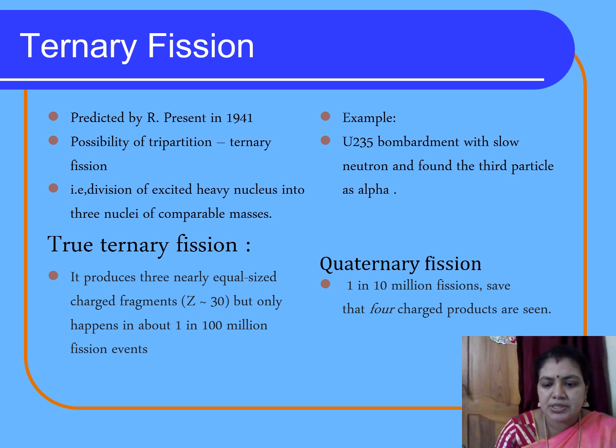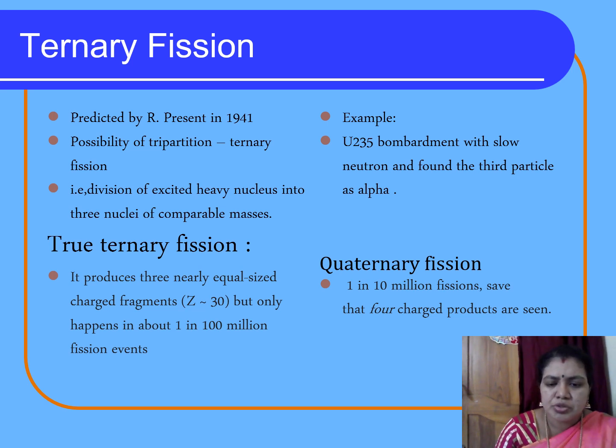So this happens in uranium-235 bombardment also, when the bombardment happens with a slow neutron. We found that there is a third particle emission also, which is nothing but an alpha particle emission. So this is the best example which could be given for ternary fission.